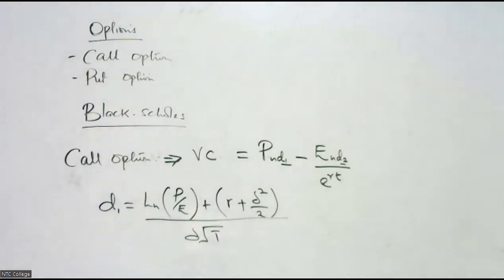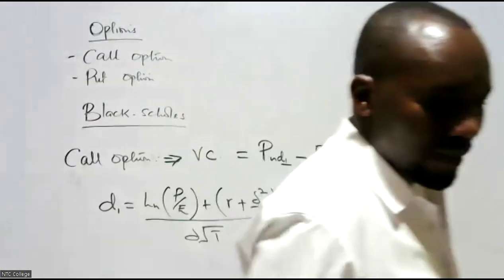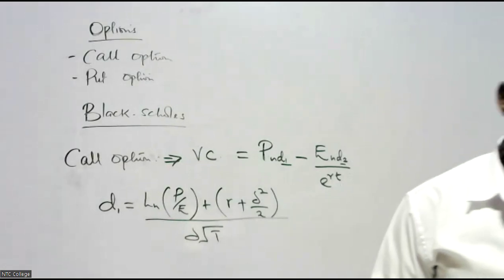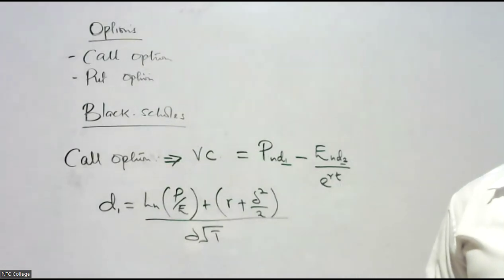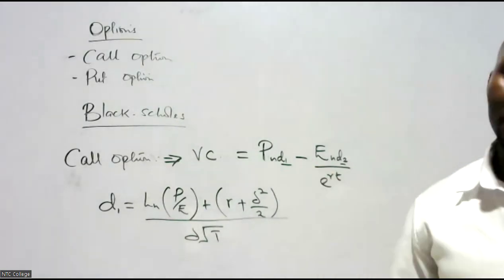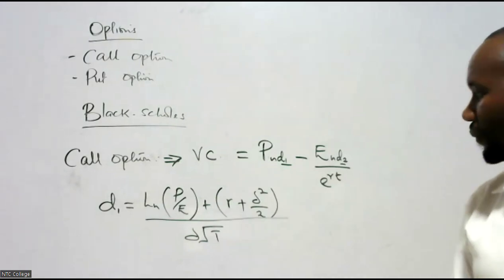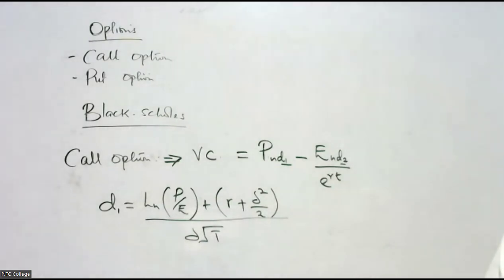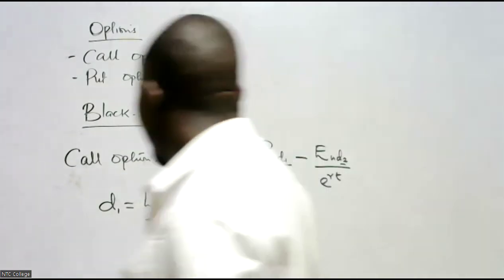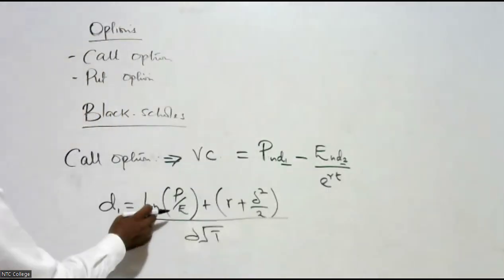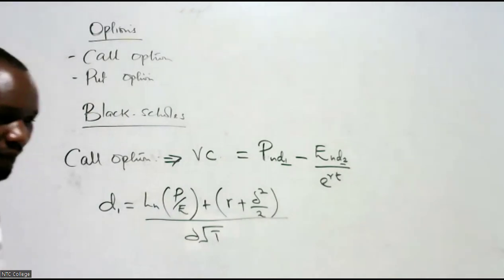The good thing is that most of the time the examiner will give you the formula in the question. This Ln basically means natural logarithm.